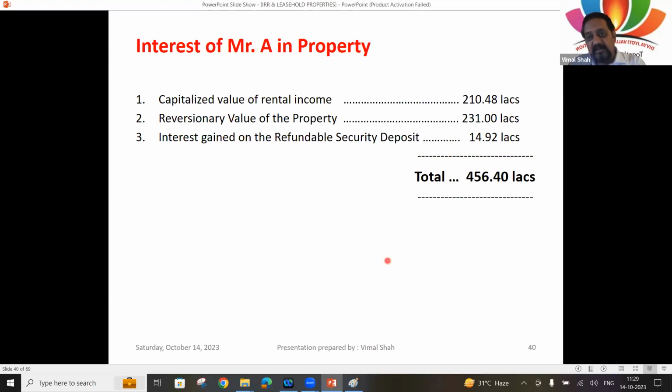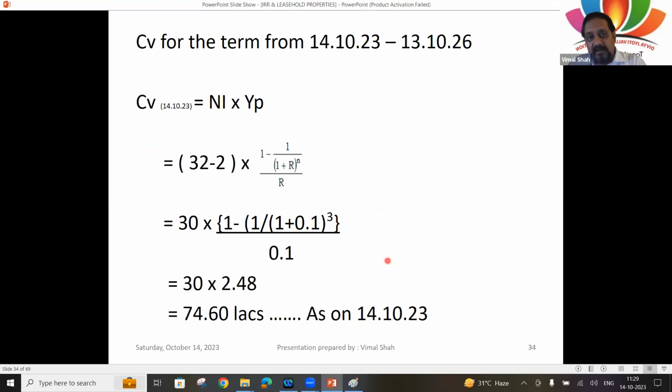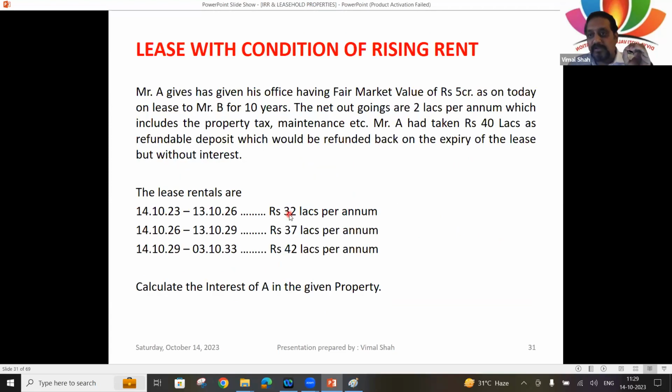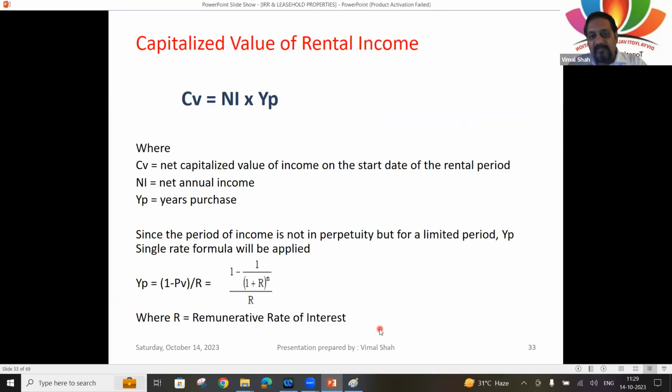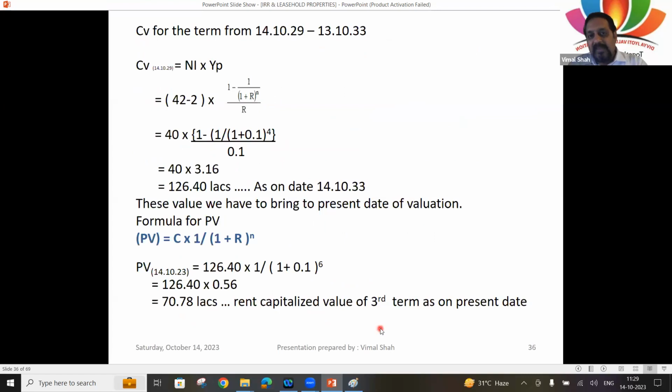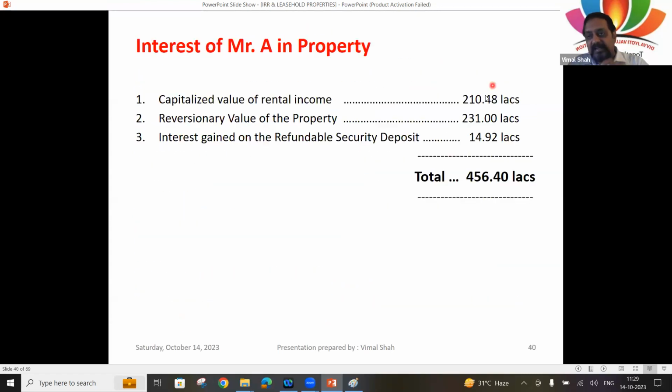Now understand one thing. Here the rental value was 32 lakhs per annum. But a few minutes ago I gave one example to Kiran: what if I had given this on rent of 1 lakh per annum? Then the capitalized value of rental income would have been negligible.